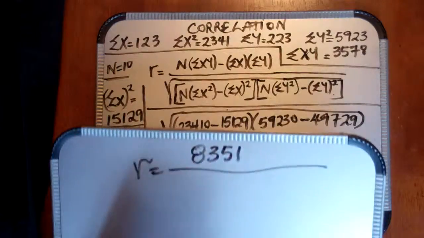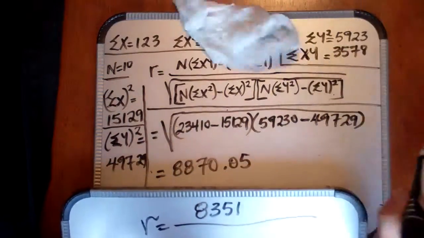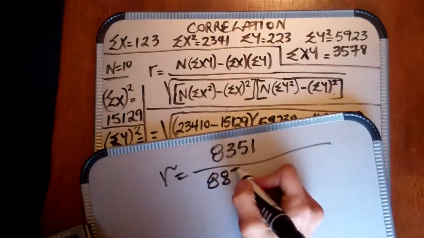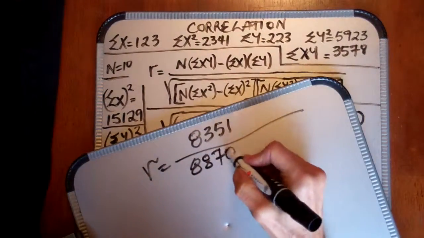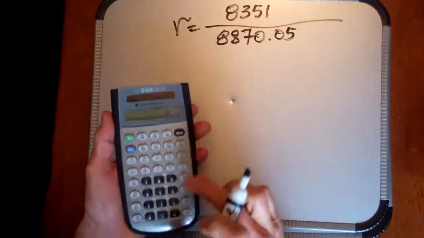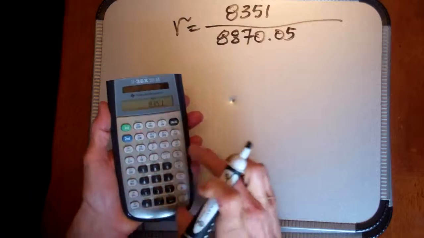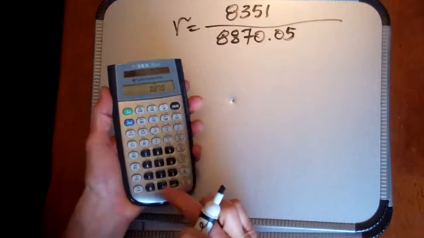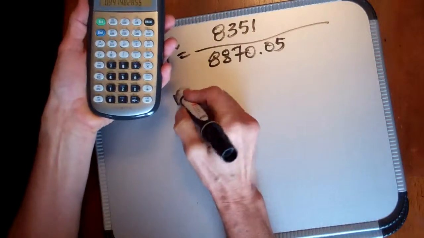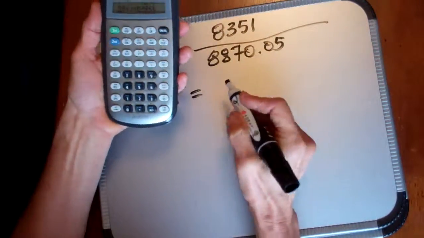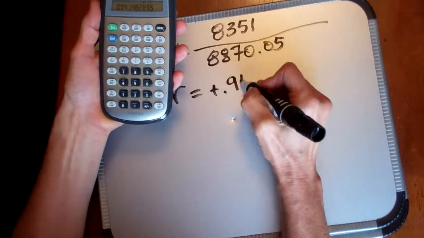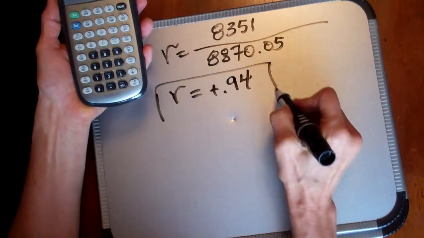So now if we look back at our numerator and we add in our denominator that we've just calculated, 8870.05, and let's carry that through. 8351 divided by 8870.05, you find you have an R value of positive 0.94. We'll round it to that. All right?